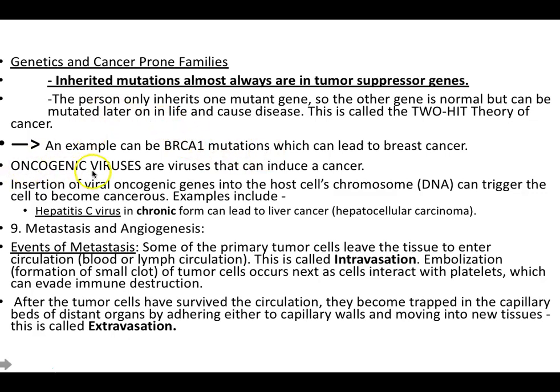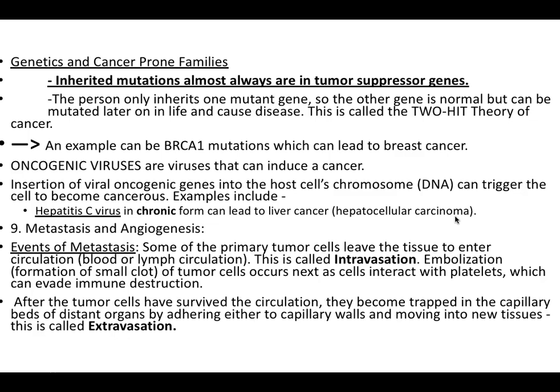Now, oncogenic viruses, I'm just going to do hepatitis C because that is an example. In people who have chronic hepatitis C, it can lead to liver cancer, which is called a hepatocellular carcinoma, because certain viruses like hepatitis C insert their viral genome into the chromosomes, in this case of the liver, and that is kind of hit and miss.